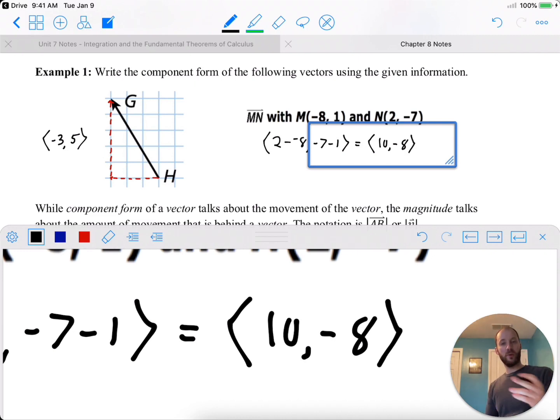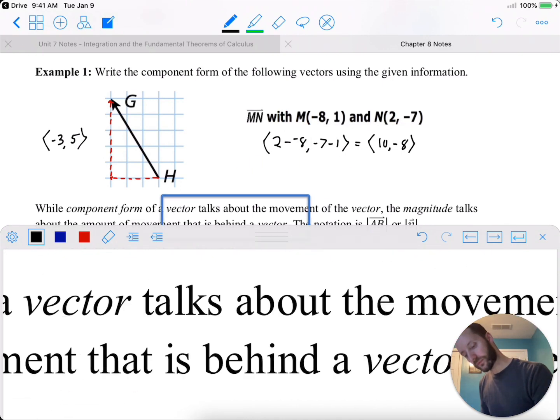So 10 movements to the right from negative 8 to 2, 8 movements down from 1 down to negative 7.